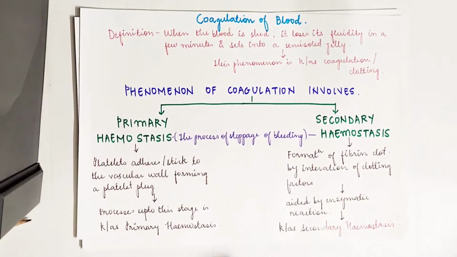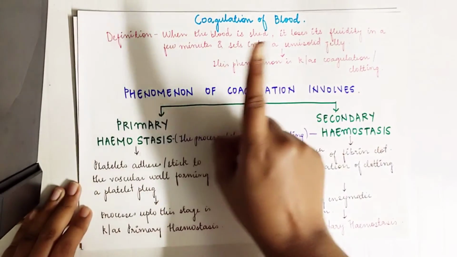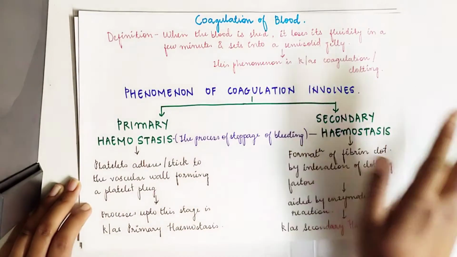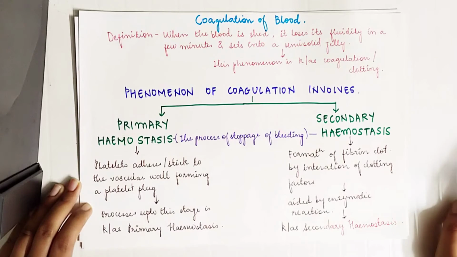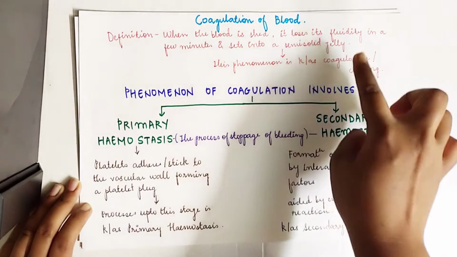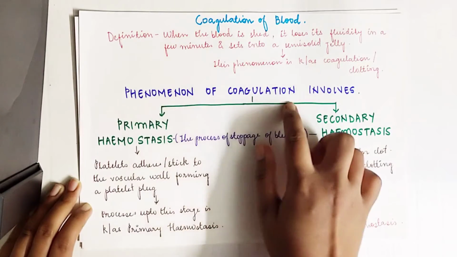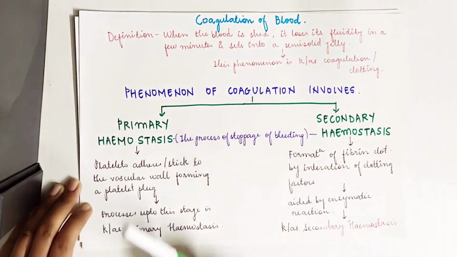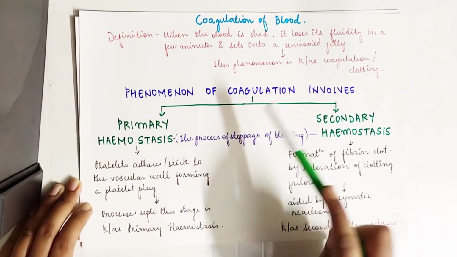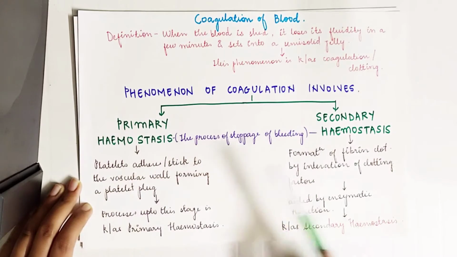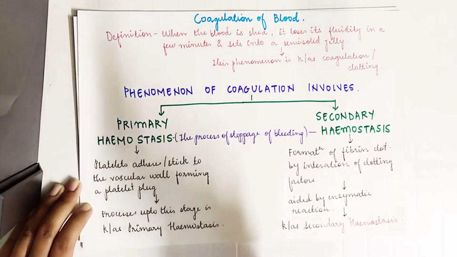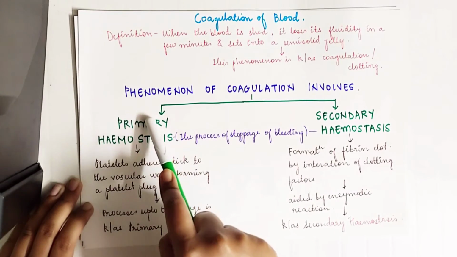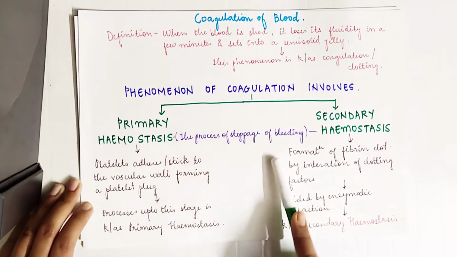So once again, starting with the definition of coagulation. When the blood is shed, it loses its fluidity in a few minutes and it sets into a semi-solid jelly-like substance. This phenomenon is known as coagulation, or it is also called clotting. The phenomenon of coagulation mainly involves two processes: primary hemostasis and secondary hemostasis. Hemostasis is the process of stoppage of bleeding.